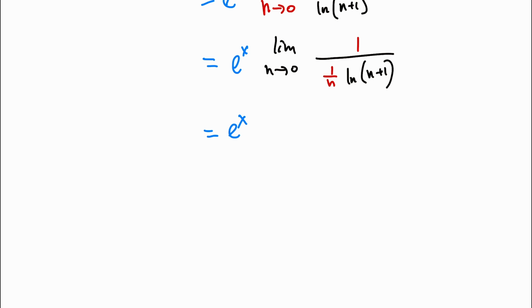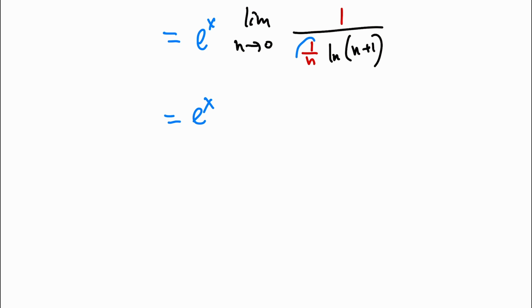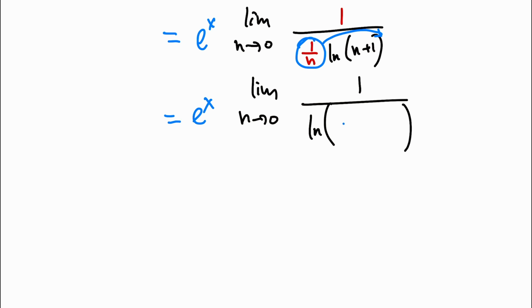So we can use the property of logarithm to put this inside as an exponent. So that will be the limit as n approaches 0 of 1 over ln of (n + 1) to the 1 over n power.